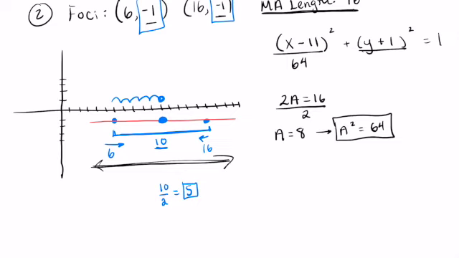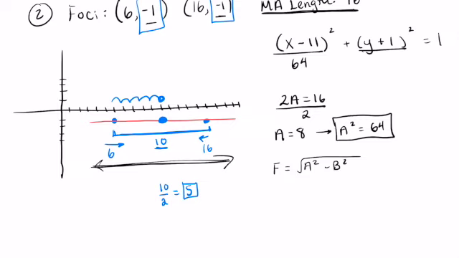Now I want to find my b squared term. Well, remember, we find that by taking my foci. The distance of the foci is found by f equals the square root of a squared minus b squared.